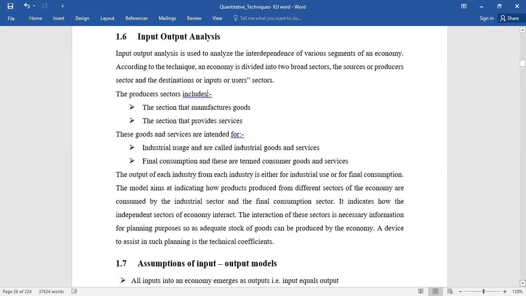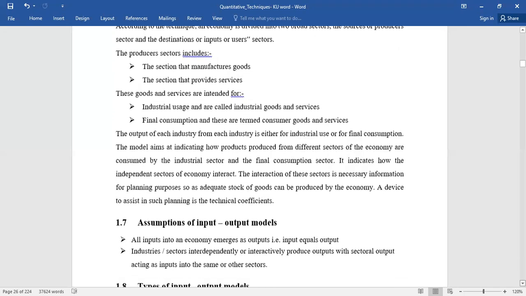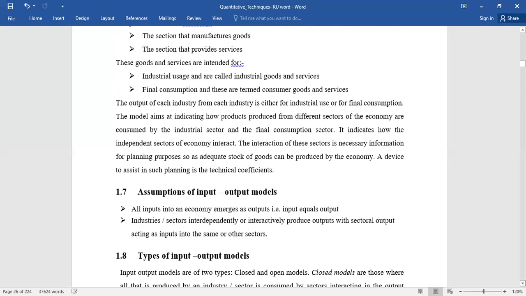The reason why we are doing all this is to get what we call the technical coefficient. But before we look at how we derive the technical coefficient that will be used to show the interrelationships, the assumption of the input-output model is that all the input in the economy emerges as outputs.